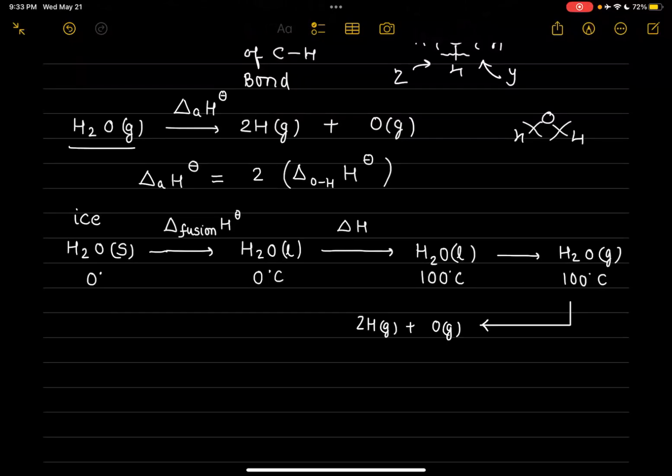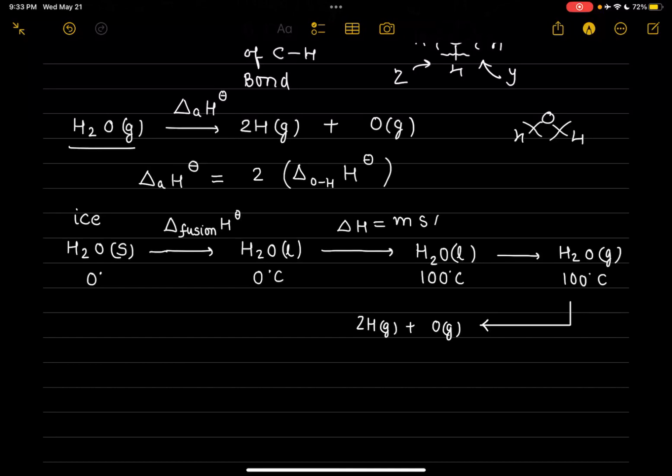This doesn't have any name, just an enthalpy change for heating water, because water at 0 degree needs to be heated to convert it to water at 100 degree. That will be equal to mass into specific heat of the water. This is not Cp or Cv. Cp and Cv are for the gases.